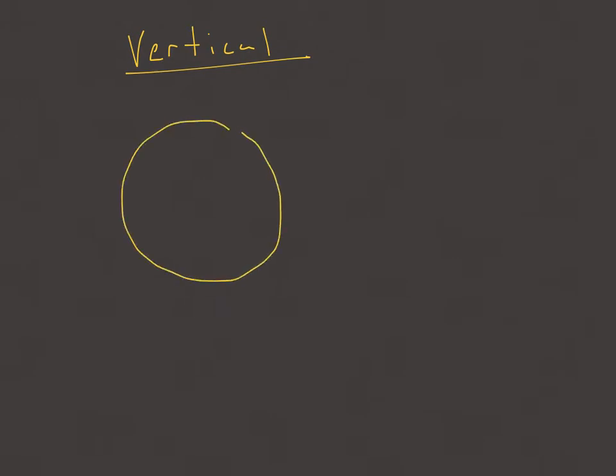All right, now vertical circles get to be a little bit more complicated because gravity is always in play here. So if we just had a ball on a string and we're swinging it around so it's completely vertical, we would examine that at two separate points.